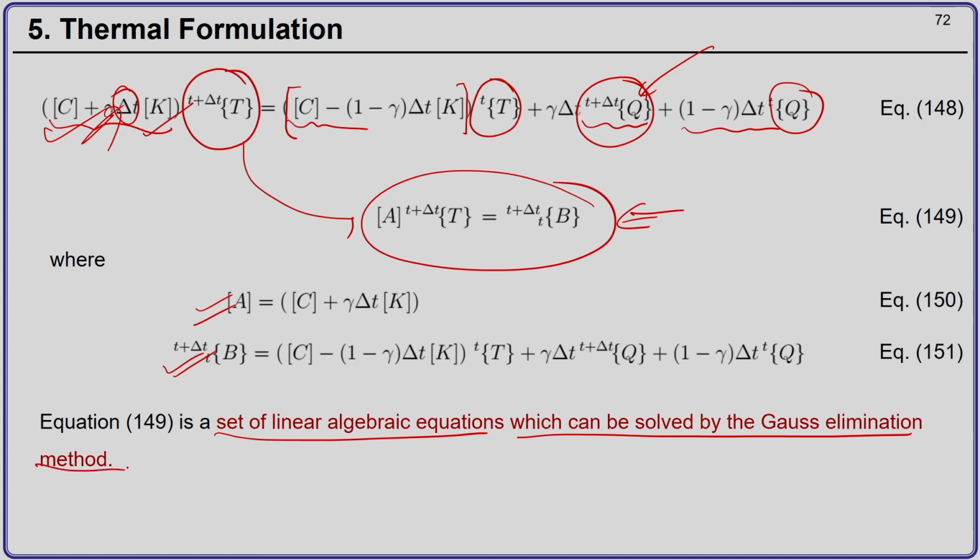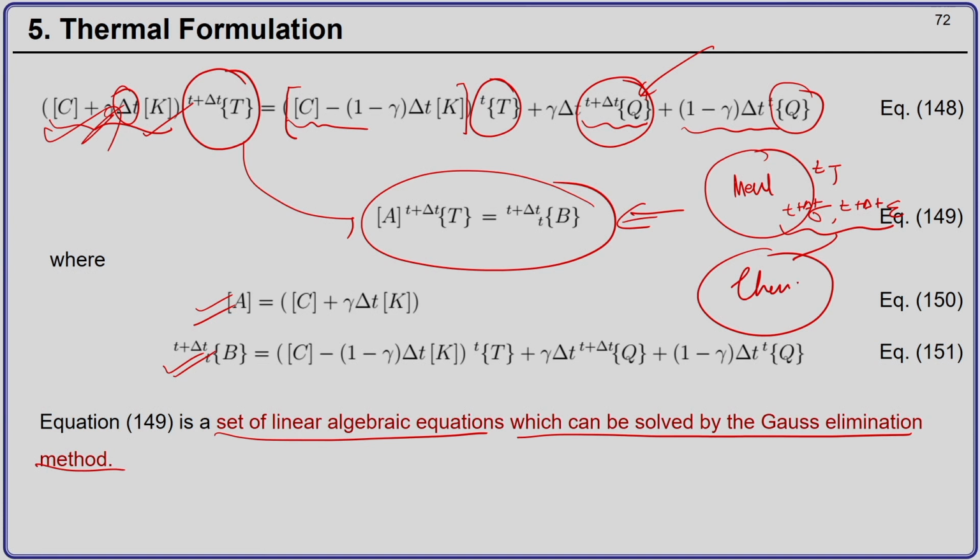Now, here what we have assumed is that we have first solved the mechanical problem using a particular temperature once, and at the end we have got our stresses and plastic strains at time t plus delta t. Using this I can now solve my thermal problem and get my temperature at t plus delta t.